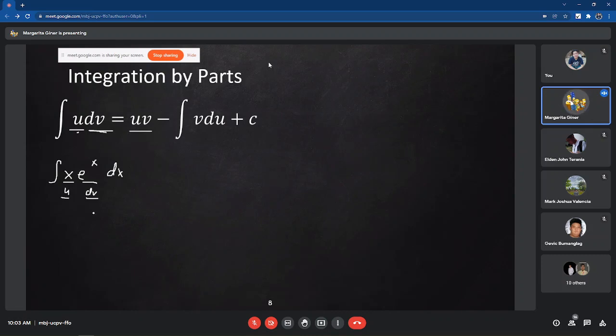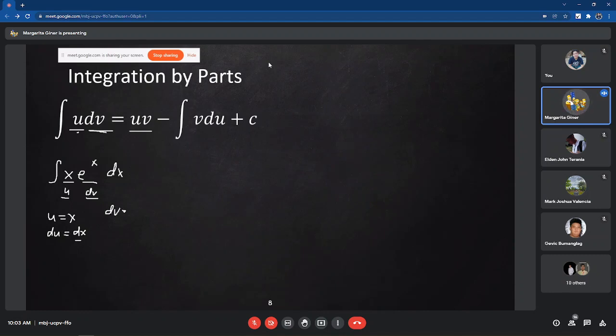Kung ito ang dv mo, solve mo ang antiderivative niya. Dalawa ang solve: the derivative and antiderivative. Okay, so the value of your u is equals to x. The value of your du is equals to dx. Okay, so we're done with du. Now, we proceed with dv.